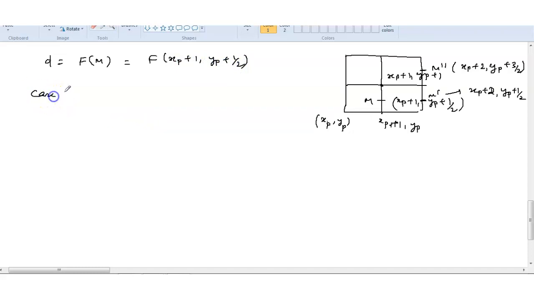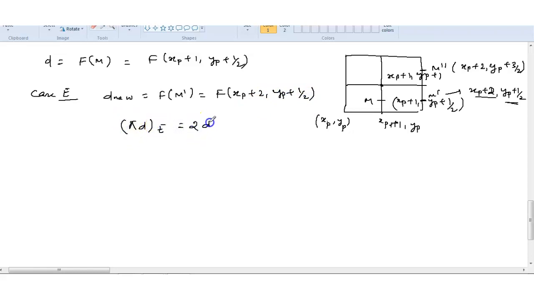In the case of the east corner, you are incrementing the x value by 1, and y is constant. So for the new coordinate, d new is equal to f of m dash, which is f of xp plus 2 and yp plus half. And the difference of d in the east case is 2 into dy.